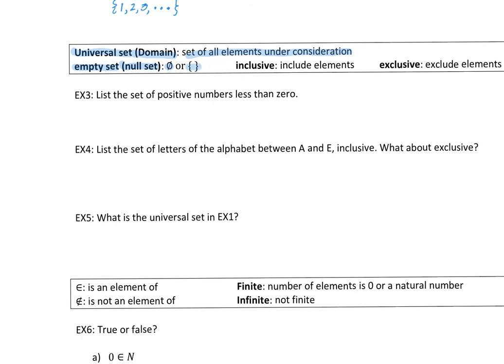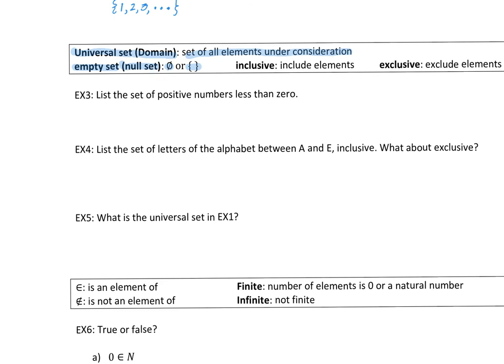You have to be careful because on my lab, when you do your exercises, if the answer is the number 0 and you have the option to choose the 0 with a slash through it, then that would mean that you're saying that the answer is the empty set and you may be marked incorrect.